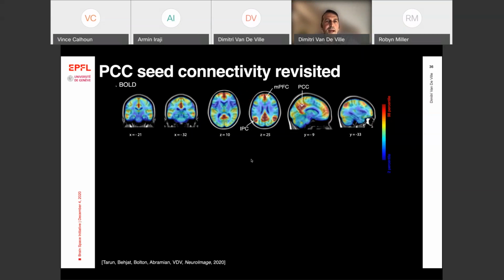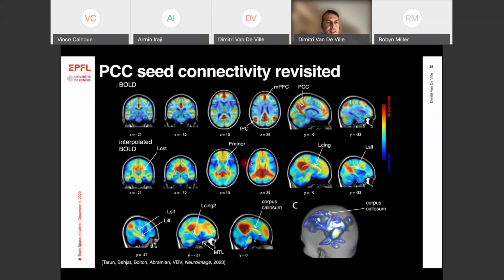But if you apply this very same PCC seed connectivity to the interpolated or inpainted fMRI signals, you get something that is very similar on the gray matter, of course, but that also shows you which white matter tracts, white matter bundles, are heavily loaded to explain the given observations of activity on the gray matter.